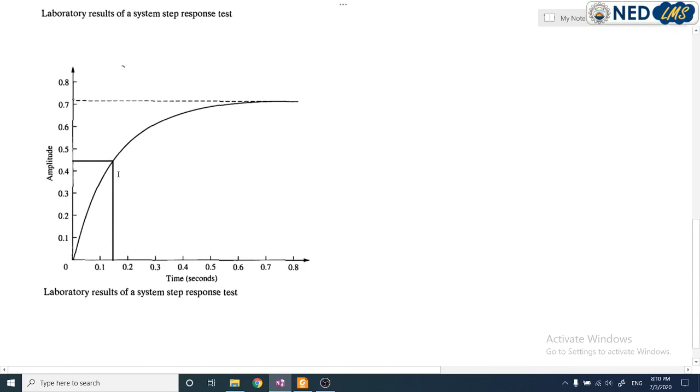So here I have drawn two straight lines, this one and this one, to find out the time when the value of output is 0.45. So here the time is around 0.13 second.